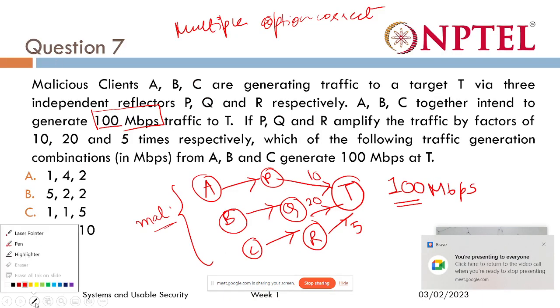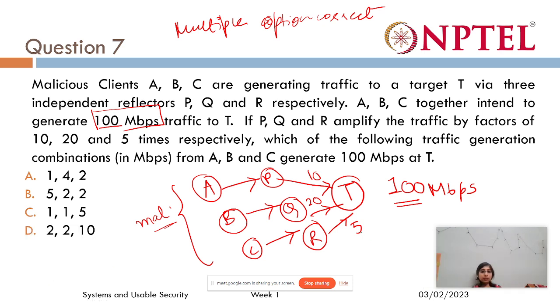So already I gave you the hint. I think the hint was easy enough to decode. You can just assume the traffic sent from here as X, this as Y, and this as Z. So the entire equation now, to generate 100 Mbps at T: X will be amplified, multiplied by 10 times, so 10x plus 20y plus 5z.